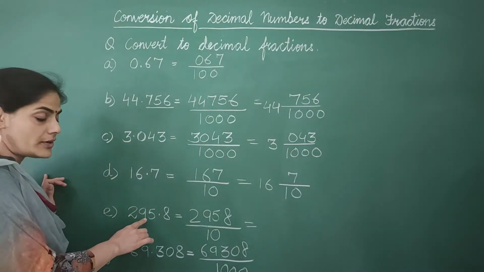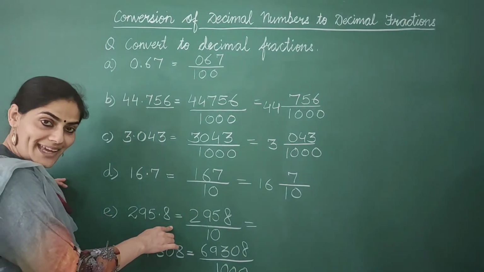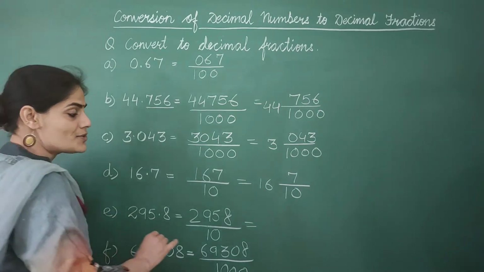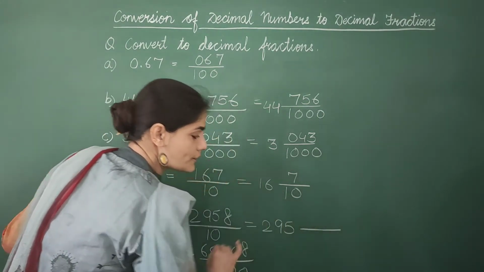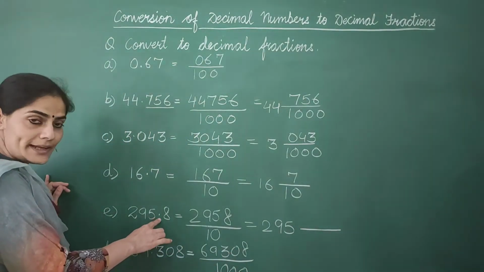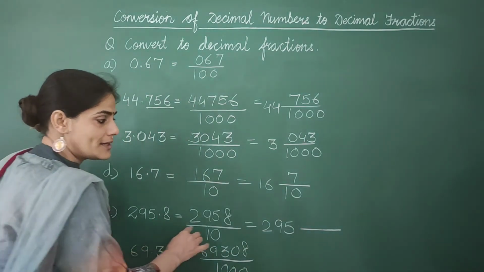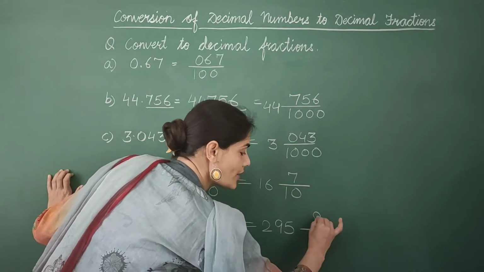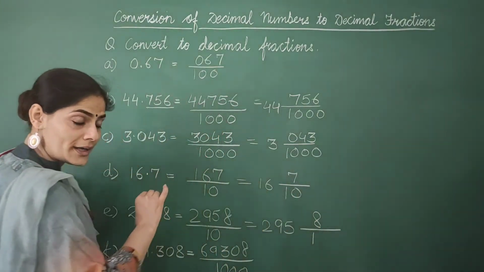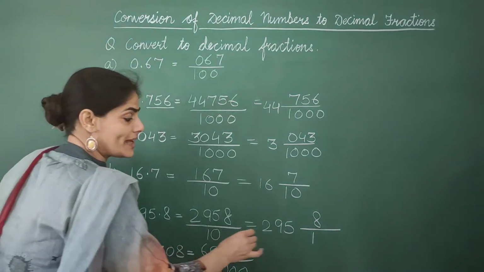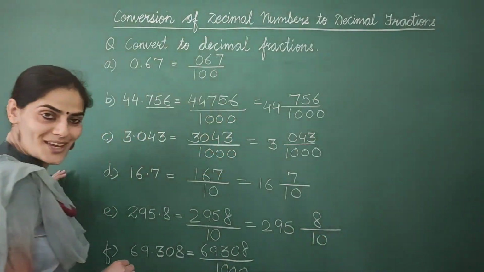This is 295.8. Whole number part. So let's write 295 in front of this division part. We are left with 0.8. So I forget the decimal and write 8 here. For this point, I write 1. And for 1 decimal place, I put this 0.